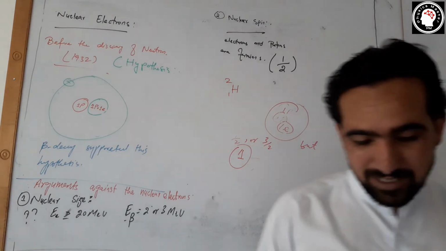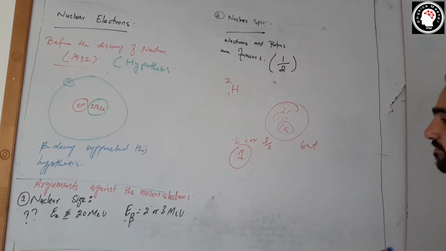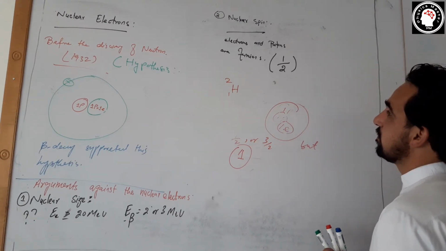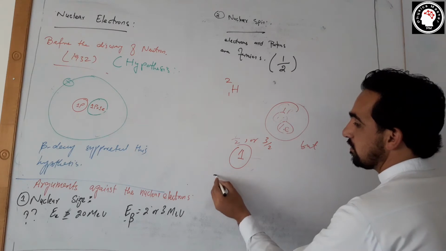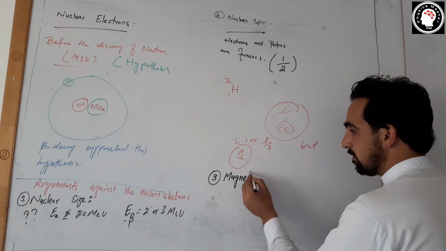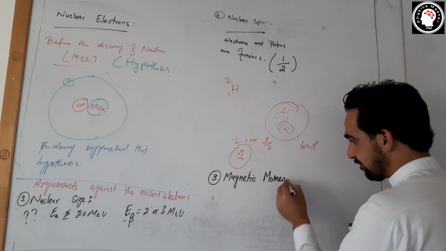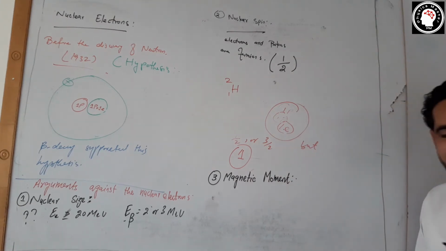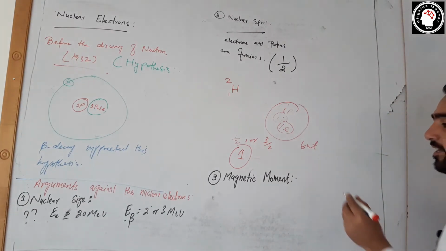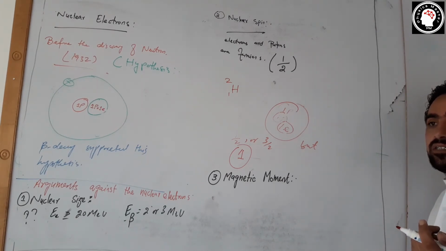Number 3 is magnetic moment. Magnetic moment, the proton has a very small magnetic moment as compared to that of electron.